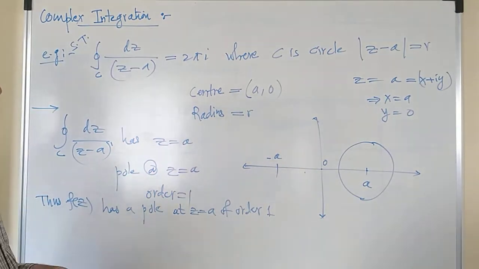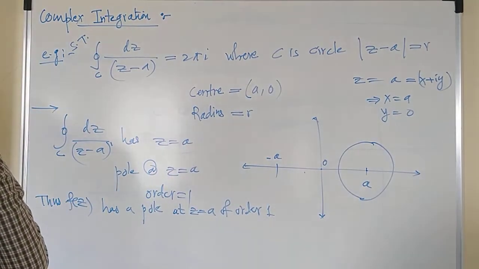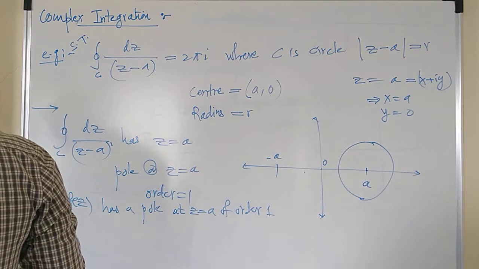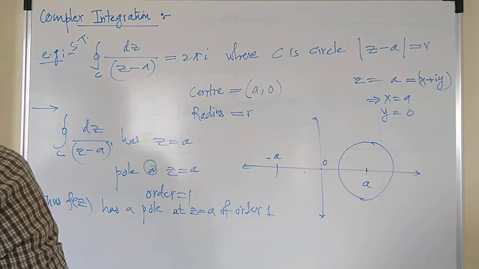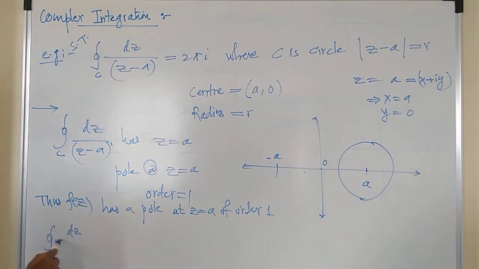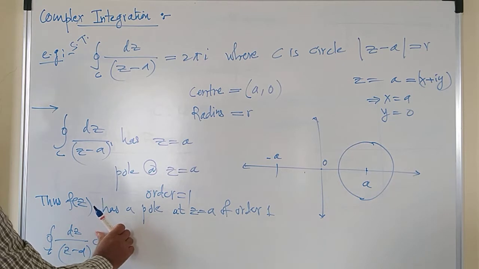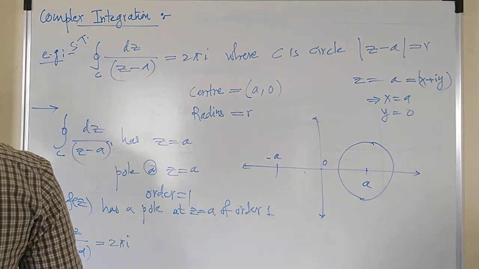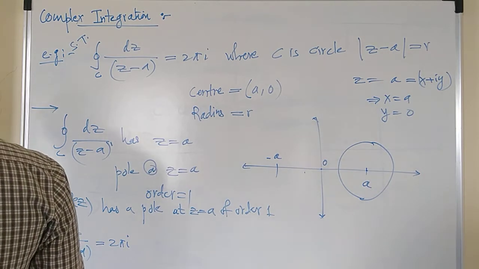Got it? If this is known to you, then by using the Cauchy's integral formula, you have to obtain its value. So contour integral dz upon z minus a is equals to 2 pi I into f of a, isn't it?